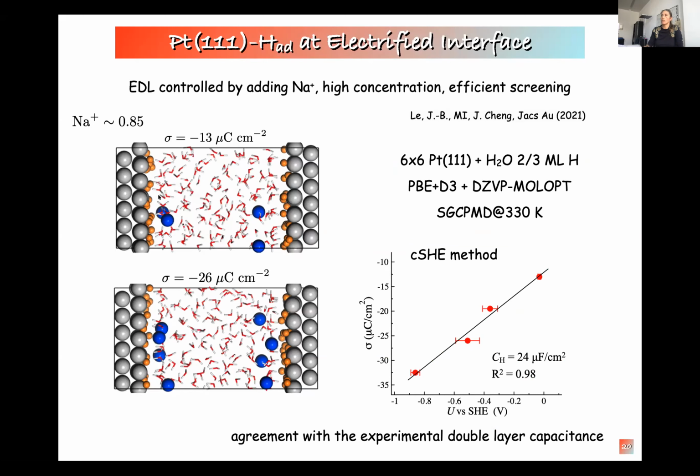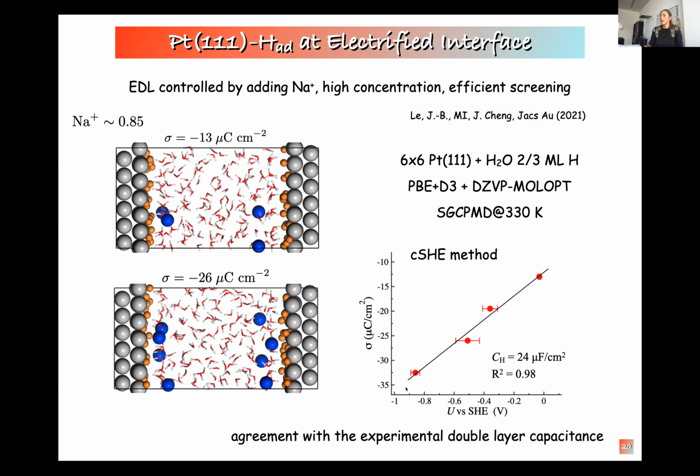This interface has been studied also under different potential conditions. Again, in the group of Jun Cheng, there has been this study introducing in the water slab ions such that you can induce a negative charge at the surface. And this has been studied in the presence of adsorbed hydrogen to determine several properties of this electrified interface.